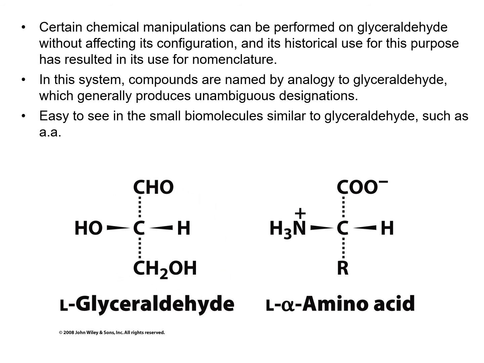In this system, compounds are named by analogy to the glyceraldehyde configuration here, as you can see, as L or D form, which generally produces unambiguous designations. And it is easy to see in small biomolecules similar to glyceraldehyde, such as amino acids, which have a similar composition here.